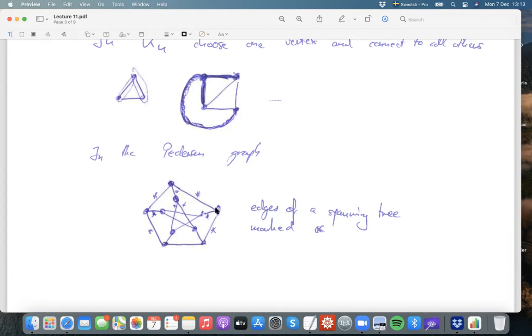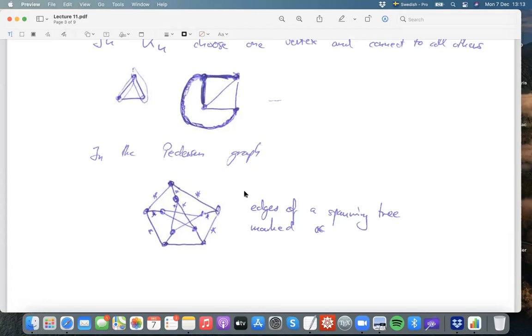We take these 3 edges. Now we add this vertex and these edges. We go here and we add those 2 edges. And now we cannot add anything else because then we'd get a cycle. So if we take the edges which are marked by stars on these pictures and their endpoints, of course, you'll get a tree in this graph.